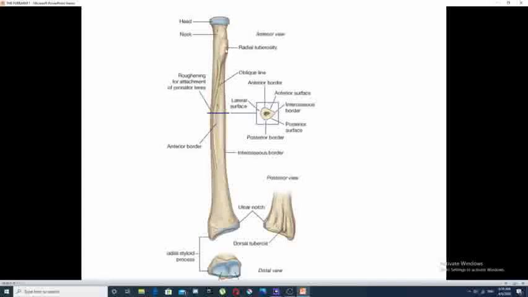It is an important landmark, giving attachment for insertion of the tendon of the biceps muscle. So it may be called by another name, the bicipital tuberosity of the radius.